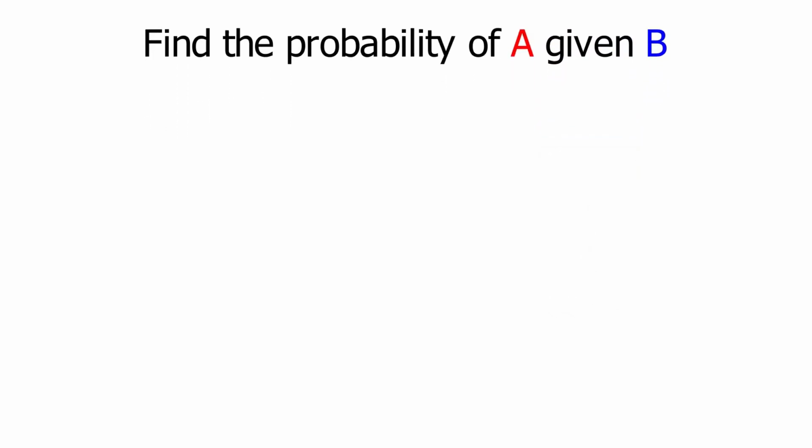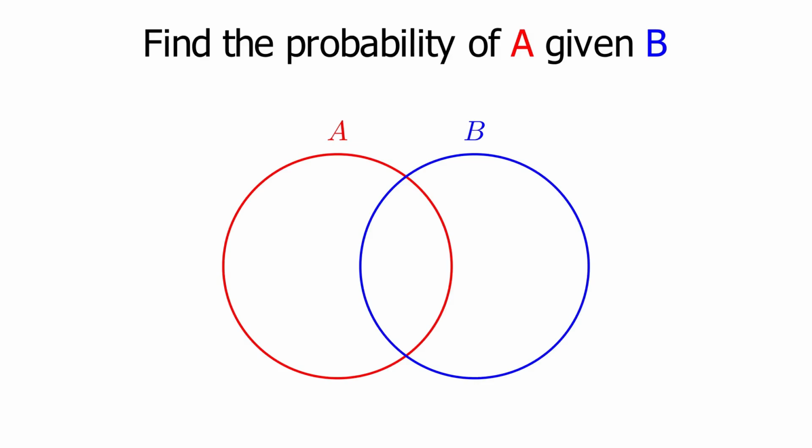So let's say we had events A and B. Given B tells us that now our sample space has been narrowed down to everything in event B. So instead of dealing with the entirety of all the items in event A and B, now it's just everything in event B. And to find the probability of A, well, the only way to do this is to find the intersection of A and B, because this is the only time that A would also occur.